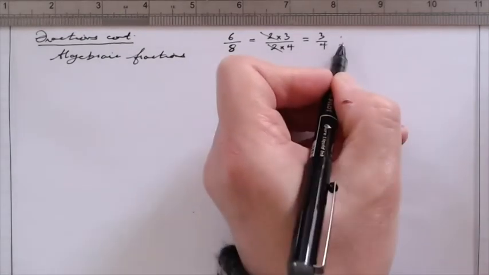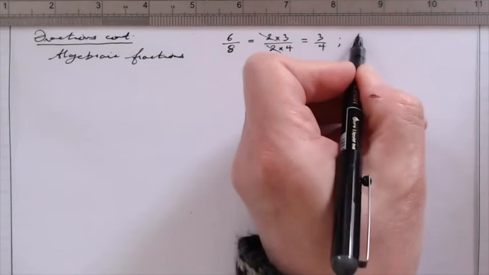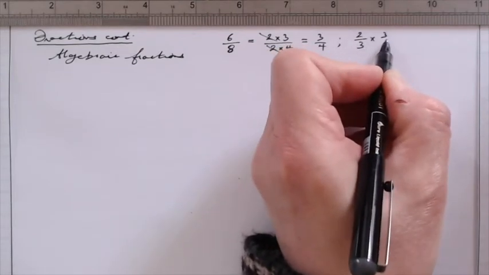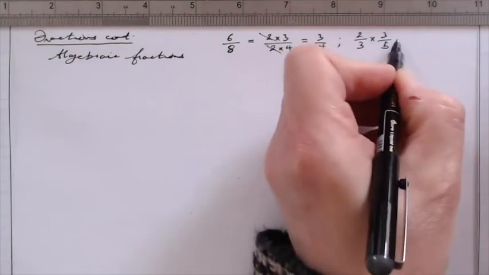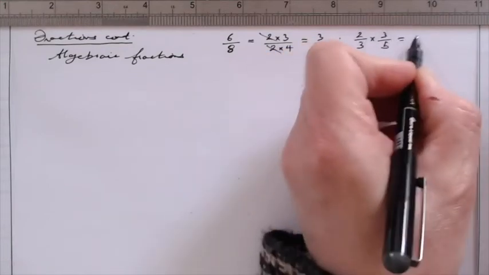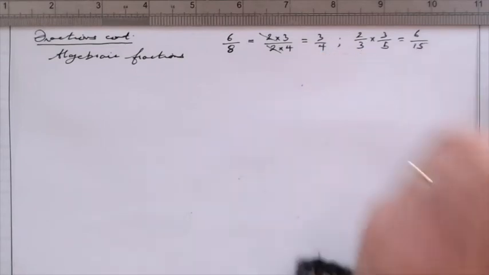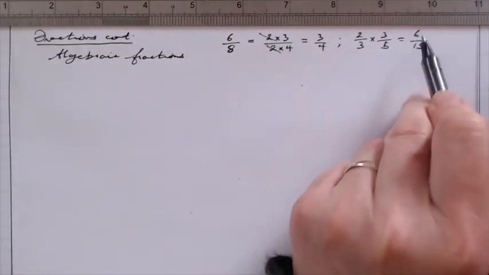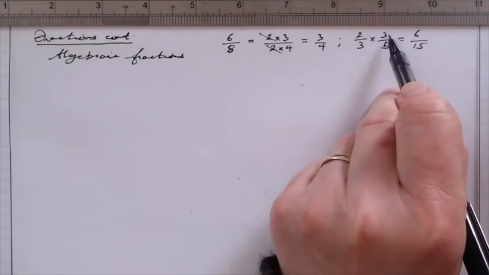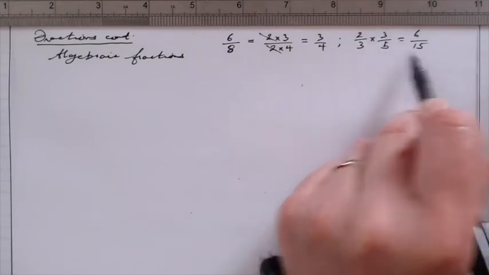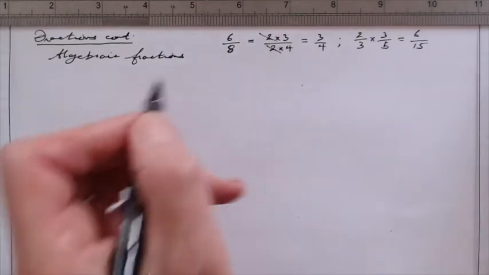We learned about multiplying fractions. So, for example, 2/3 times 3/5, we would have 2 times 3 is 6 over 3 times 5 is 15. I'm not going to bother simplifying that for now. It's more the operation of multiplying the tops, dividing by the multiplication of the bottoms or the denominators.